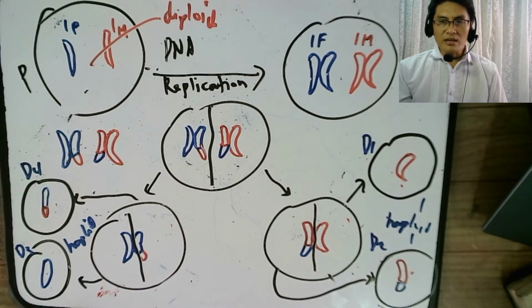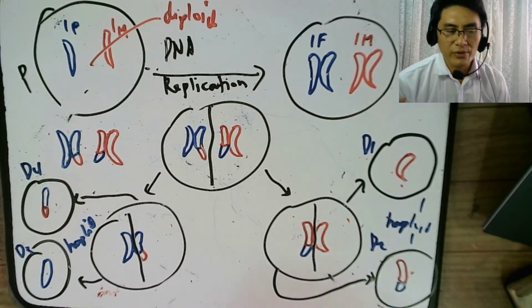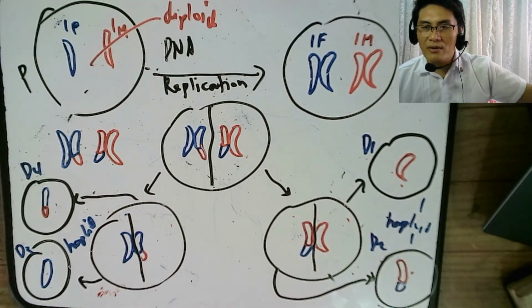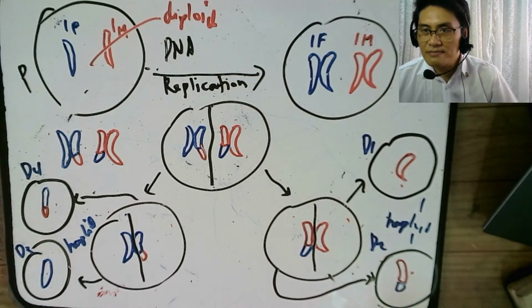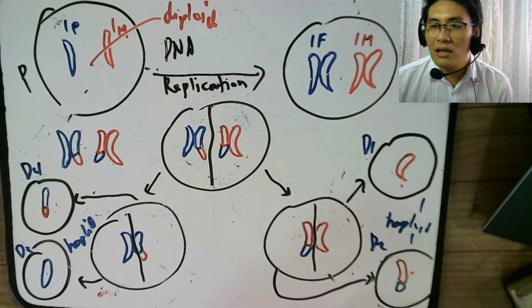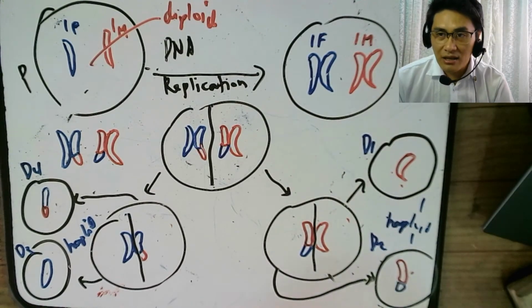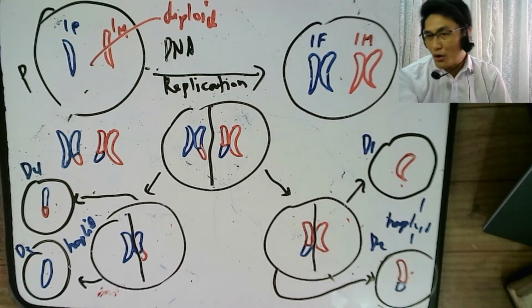So if they produce an offspring today and another offspring 5 years from now or 10 years from now, guess what? Those offspring will be identical twins because they have the same genetic material, right? But you know that does not happen.